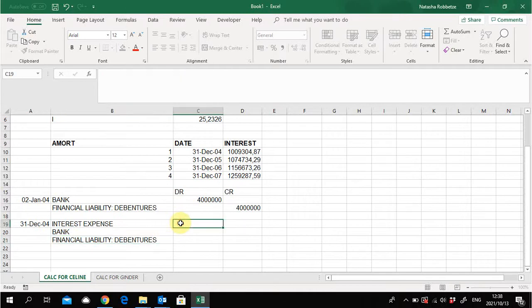So for the interest expense, this is quite straightforward because the financial years of the issuance and the financial year of the company coincide. So it's simply going to be that expense that we've calculated here.